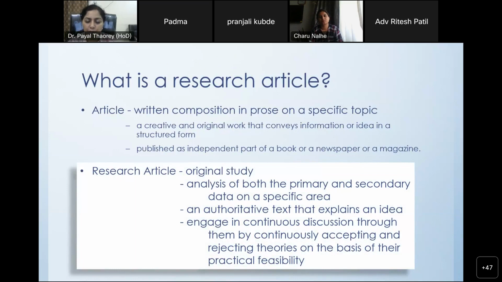So it should not be random coming of thoughts or just flowing of thoughts. No. It cannot be like that. It has to be something which is well understood, well read, and well explained, that should appear in your research paper.